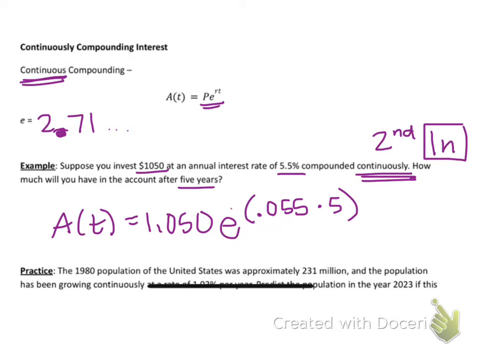If you are using Desmos, you'll have to just change it to the function button, and you should see the button that says E. When you type this in, let me turn my page, you should get $1,382.36. So go ahead and try that last practice problem, and that will wrap us up for today.